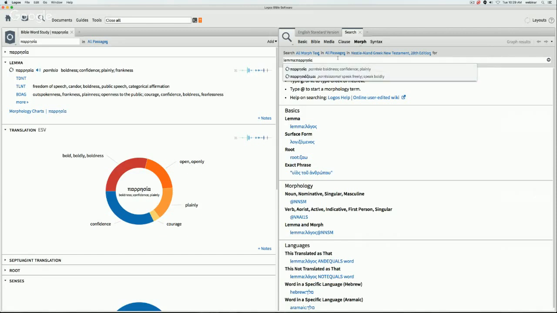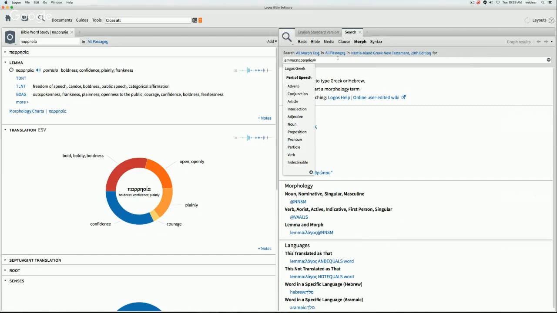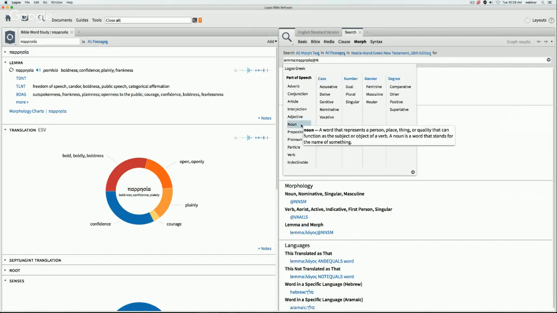And then if you wanted to do an inflected form of that, but you don't quite know what the inflection is or how to spell it, you can always type the @ symbol. And if you know the part of speech that you're looking for, you can start to enter that in. So parousia is a noun. And you're going to look for whatever case you're looking for it in. So, for instance, the genitive. And then just hit enter.